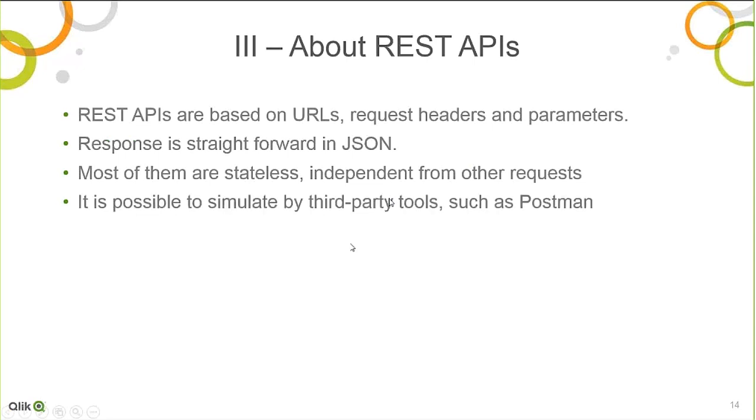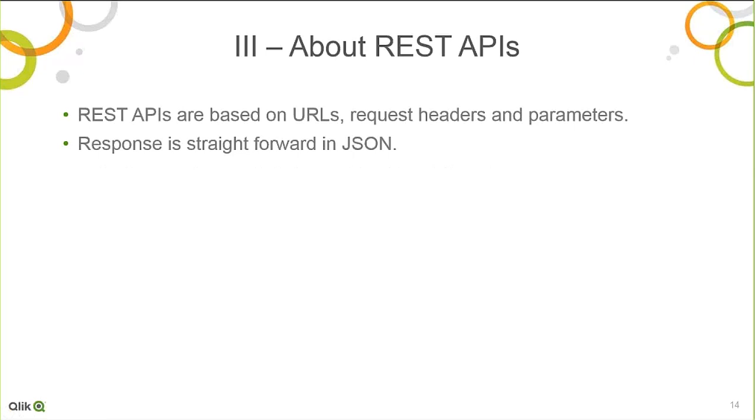It is possible to simulate them with a third-party tool such as Postman. Due to time constraints, I won't demo it here, but if you can test all the APIs with Postman or some other third-party simulator, it will be much easier for you to slice out whether it's a problem in Qlik Sense or an external error.